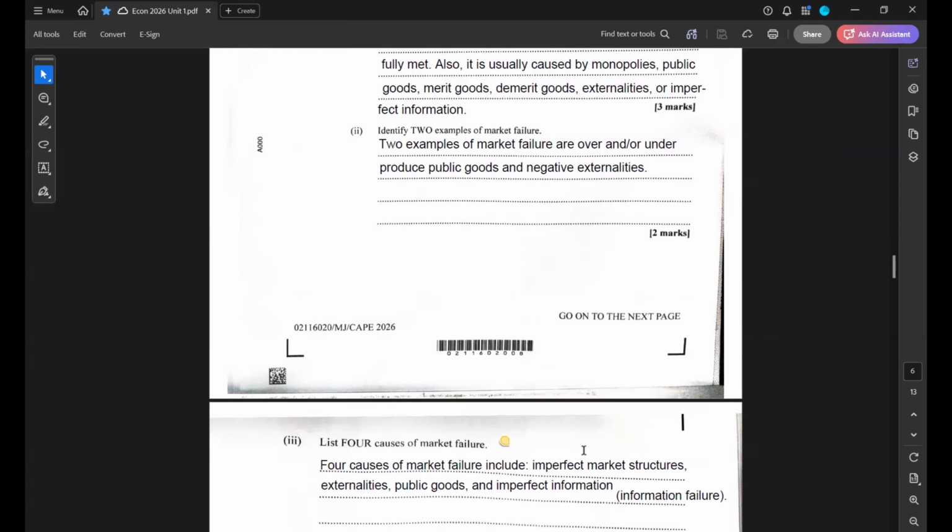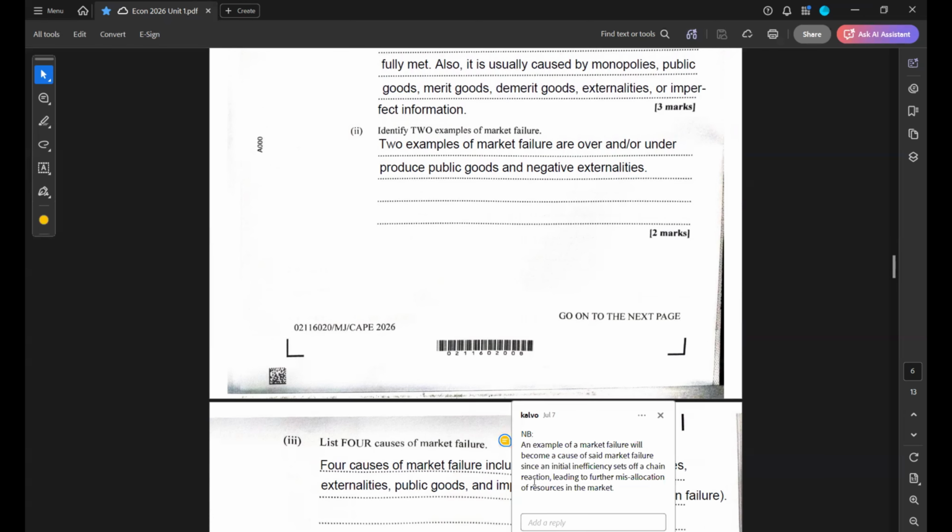Now, they want us to list four causes of market failure. Four causes of market failure include imperfect market structure, externalities, public goods, and imperfect information, that is information failure. Now, the reason why these causes are market failure is because of this.